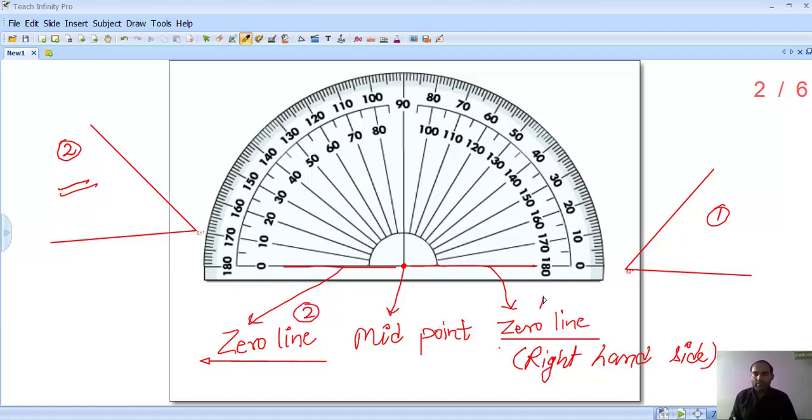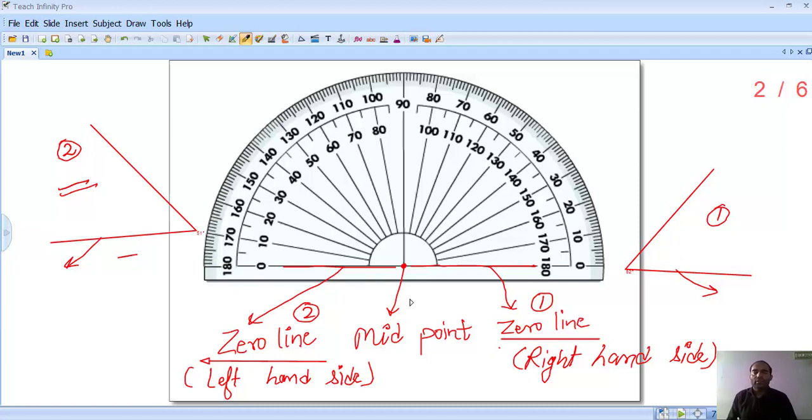This one is the first zero line, this one is the second zero line, and it is on the left hand side. You can see this arm is at left hand, this arm is at right hand. So with this figure you use the right hand side zero line, and for this type of angle you use the left hand side zero line.